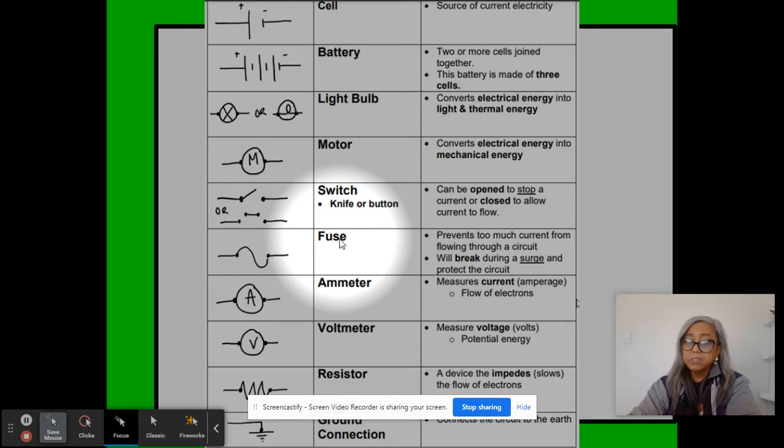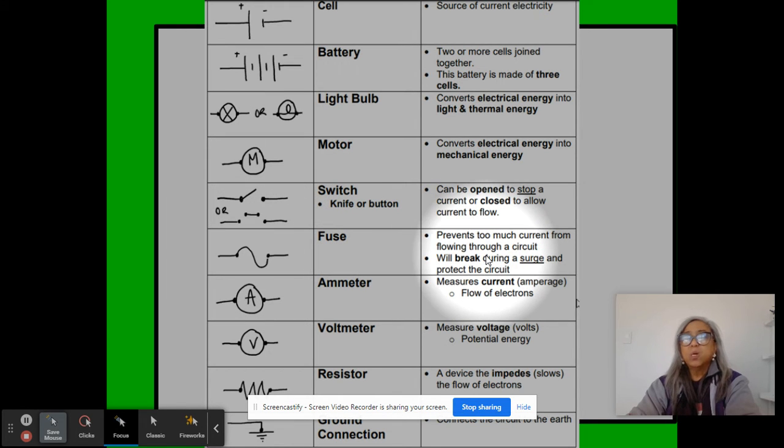The fuse in a problem is represented by a letter S lying down. This one prevents too much current from flowing through a circuit and will break during a surge and thus will protect the circuit.